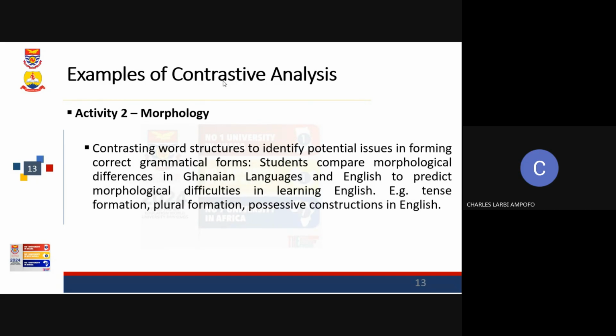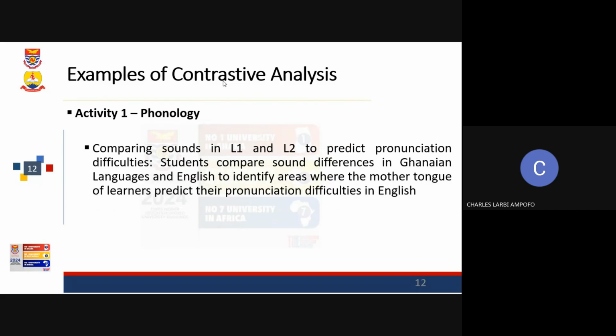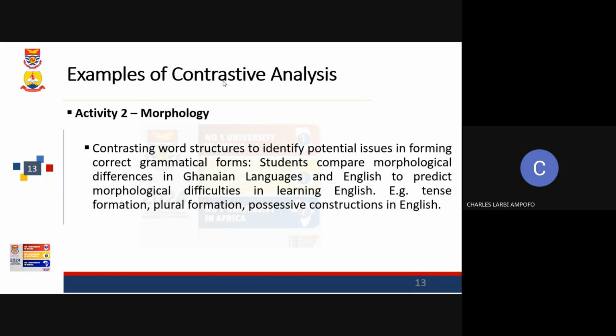So in terms of morphology, mind you, we are looking at examples of contrastive analysis. If you were teaching, let's say, English language to someone whose first language is not English, you first compare the sound systems. Okay. Second, you look at the word formation processes.